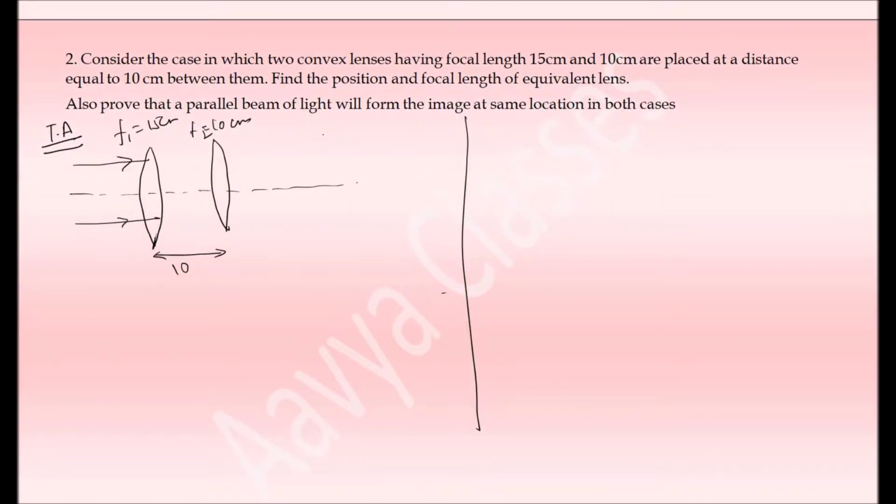Now when a parallel beam of light rays falls on the first lens L1, it will form its image at its focal length, which is here, 15 centimeter from this. So it will form the image at this point.